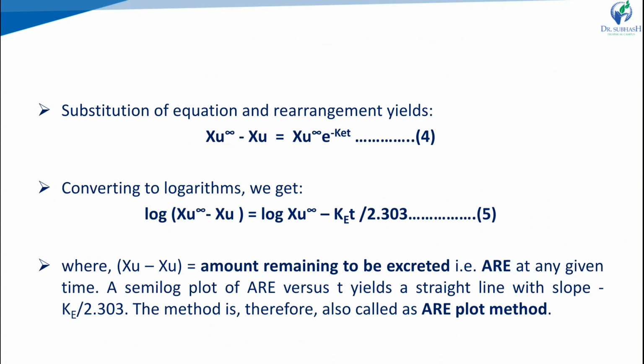Xu infinity minus Xu represents the amount of drug remaining to be excreted, the ARE, at any given time. We plot the graph of ARE versus time that yields a straight line, and from that line we find the Ke value. The slope is equal to Ke upon 2.303, and from that we get Ke, the elimination rate constant.